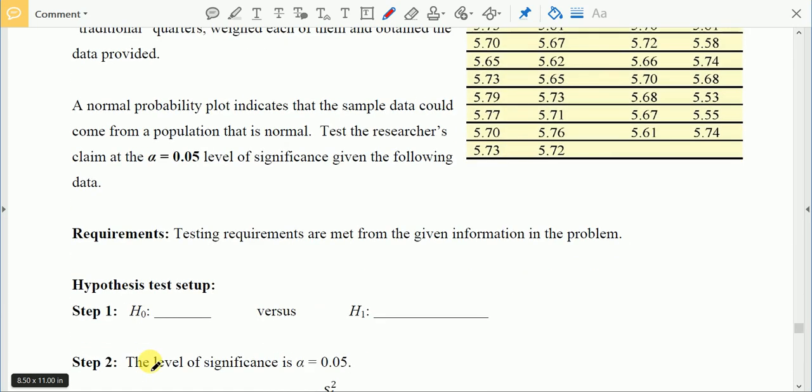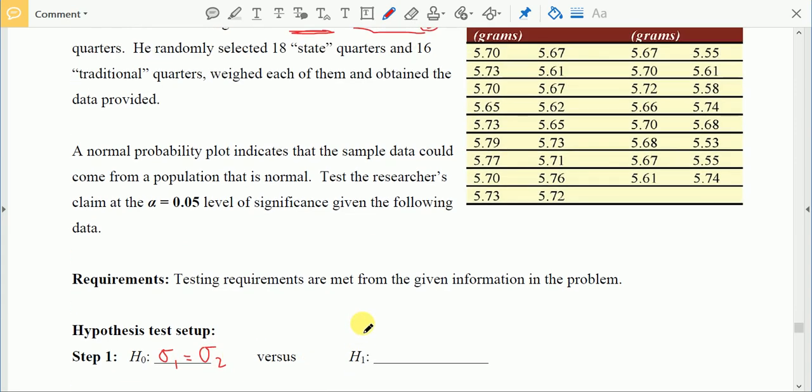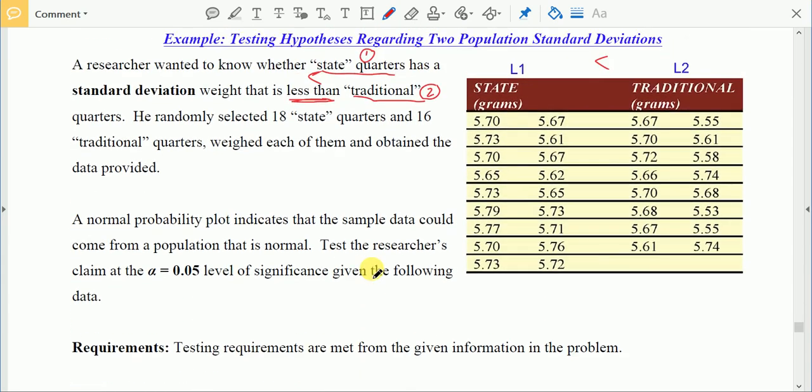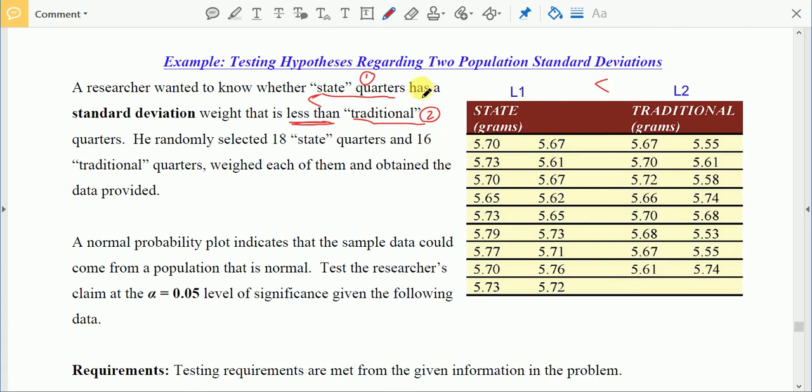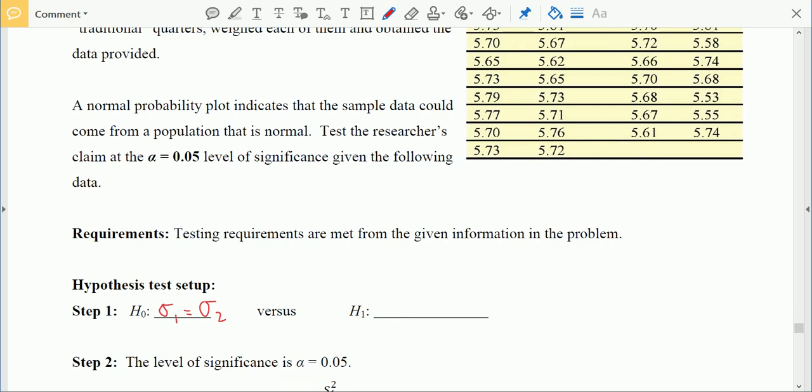Again, the null hypothesis says that the two standard deviations are equal to each other. Now we want to test whether the first one is less than the second one, so the alternative is the first one is less than the second one. Less than here, the arrow is pointing to the left, so we are going to have the left tail in this case.